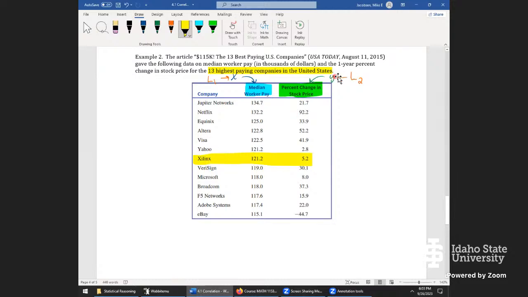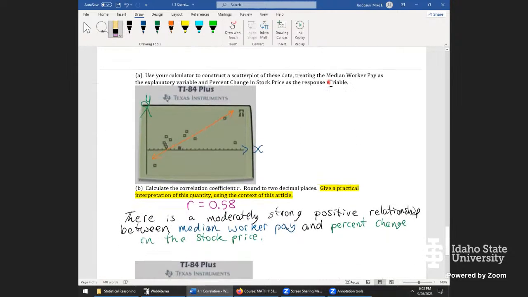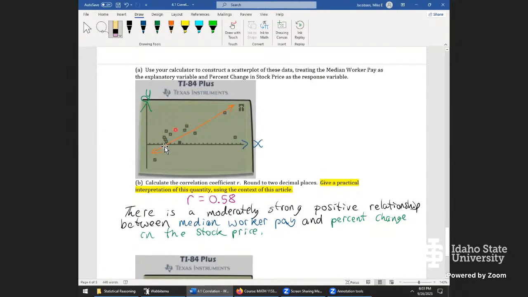Apparently in 2015, that was a top 13 company in the United States. Never heard of them, but their median worker pay was $121,000, and their percent stock change increased by 5.2% that year. What we did with these data is we treated X as the explanatory variable and Y as the response variable. We produced a scatter plot, and here it is.